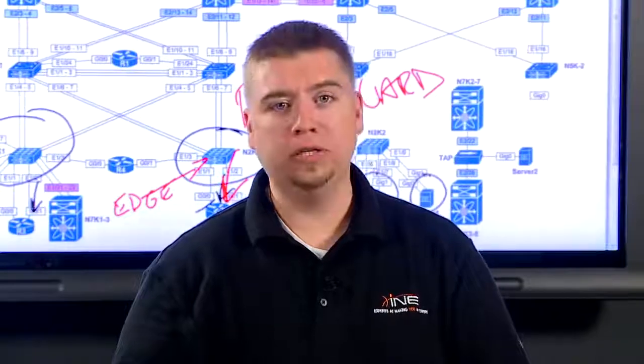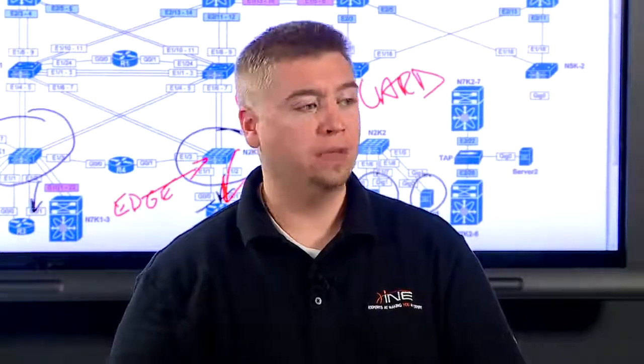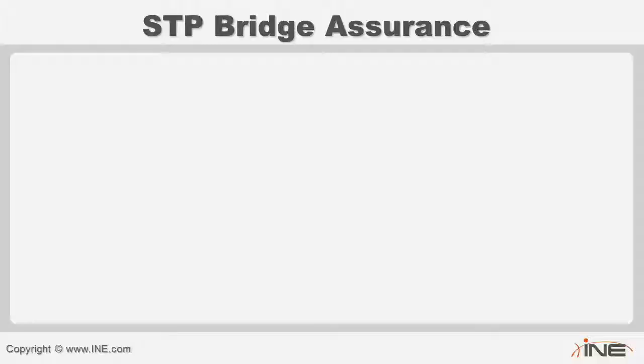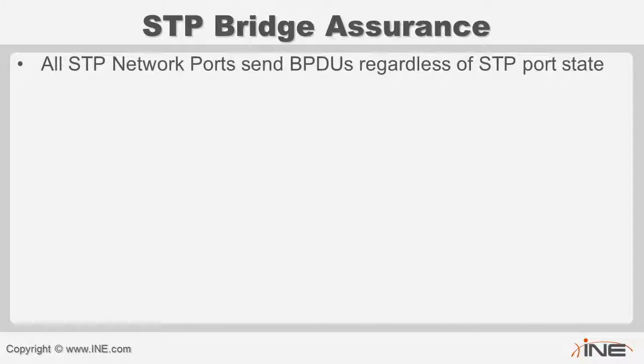So bridge assurance is going to be running on the spanning tree network port types. The idea of this feature is that all of the network ports are going to be sending BPDUs, the spanning tree bridge protocol data unit, regardless of their port state.